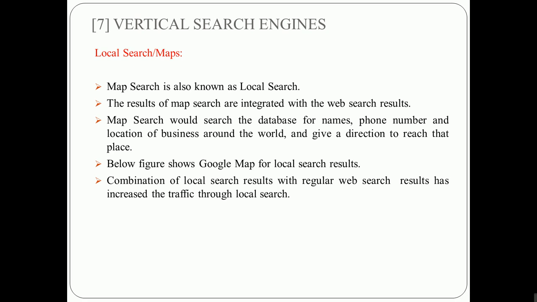So when you want to search any information on map search, this type of information from the database is also provided in a map search result, like name, phone number, location of a business around the world, and directions to reach a particular place.